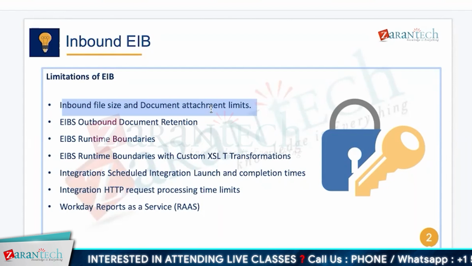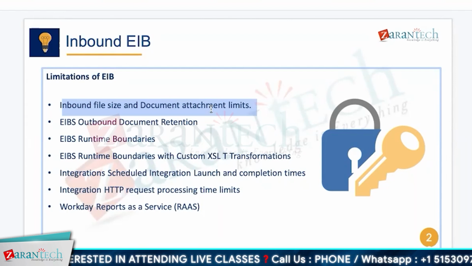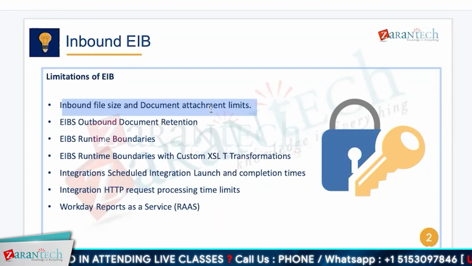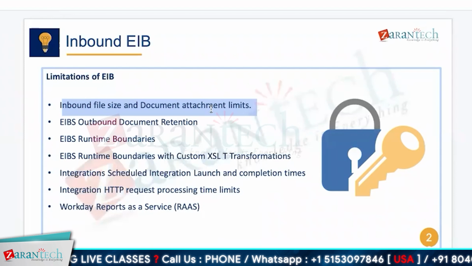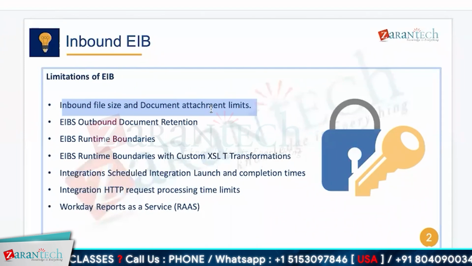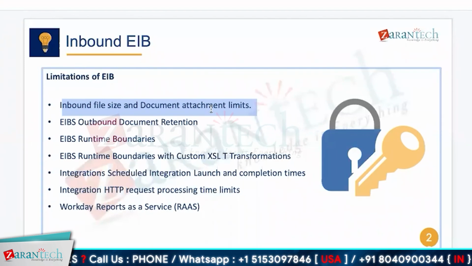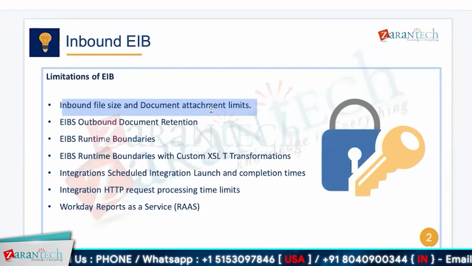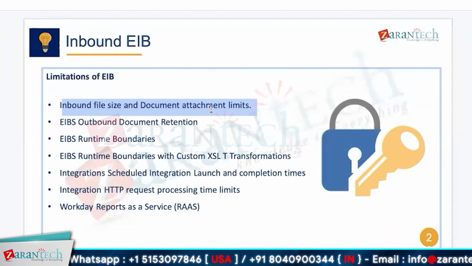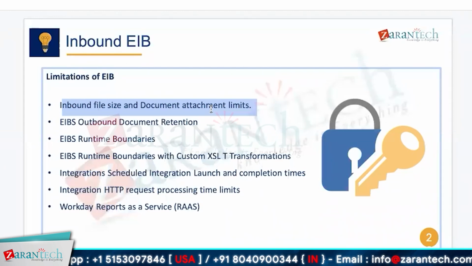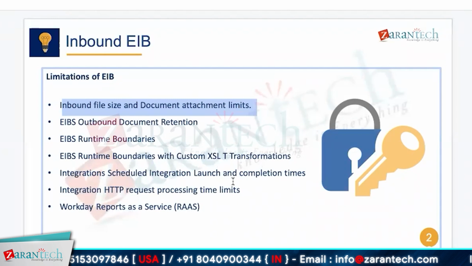I don't remember exactly what the limit is, but it's not like you can upload unlimited data. So maybe you need to break it down into different files. There is a certain document retention limit as well.